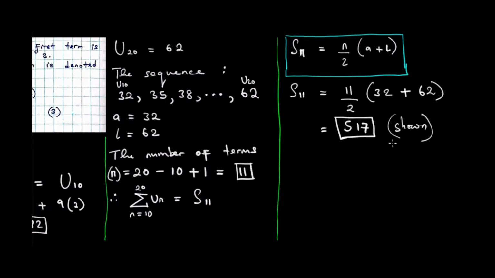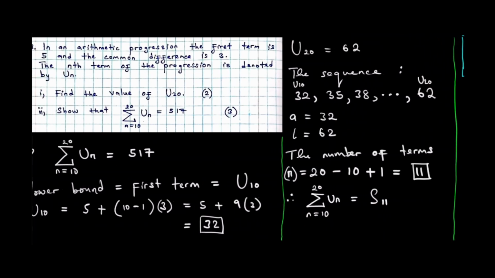To understand the number of terms, when we want to know n, we say upper bound 20 minus lower bound 10 plus 1, then we use the formula of summation. So you should know that the sum of n terms is related to a summation. That relationship you should be comfortable with. Otherwise, this is how this question is solved.